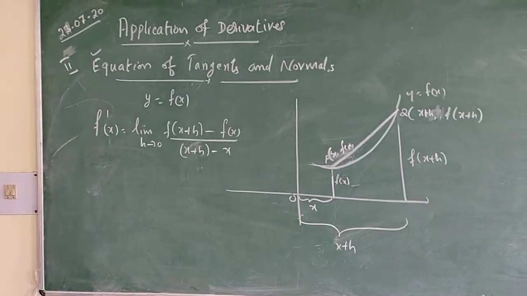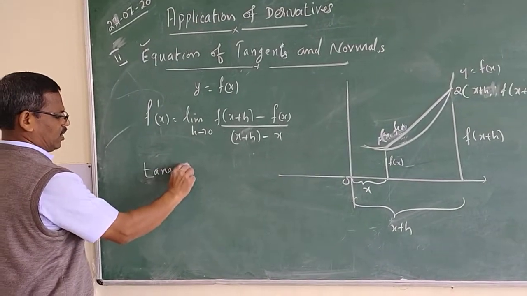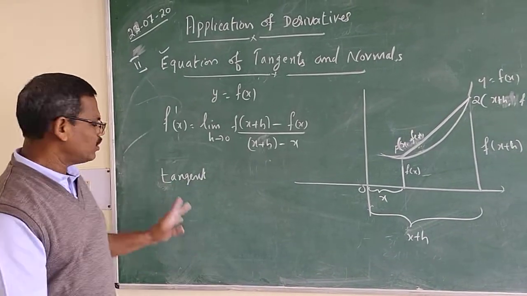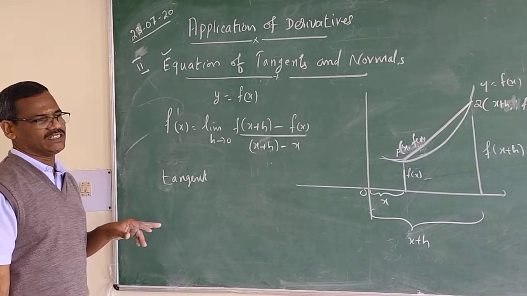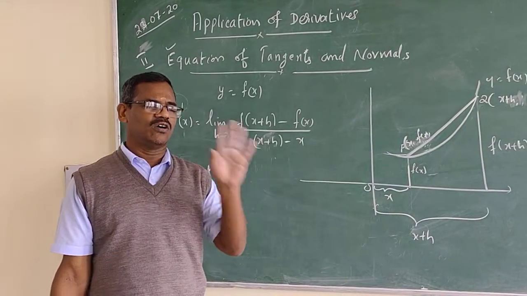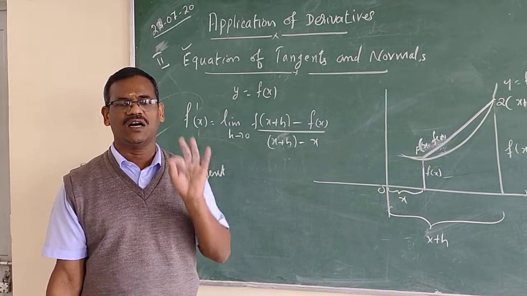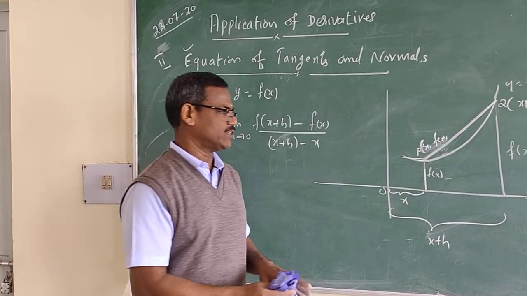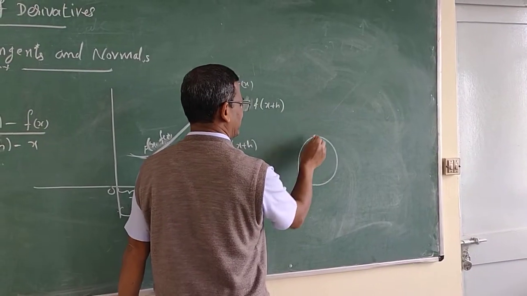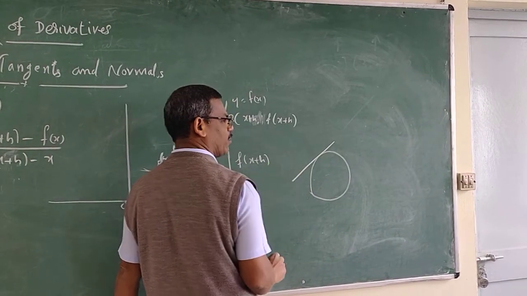You studied in class 9 what a tangent is. Don't confuse it with sine, cos, tan; it is the geometry tangent. A tangent is a line which touches a curve at a single point, or intersects a curve in a single point.